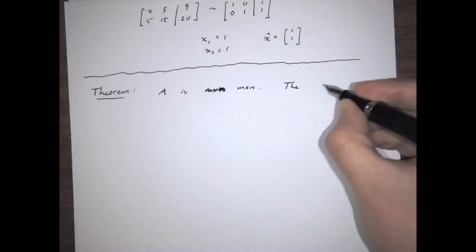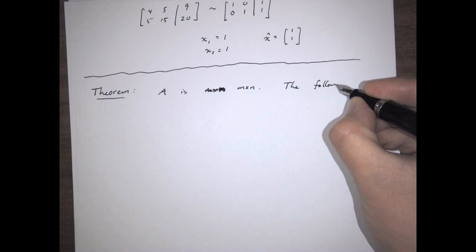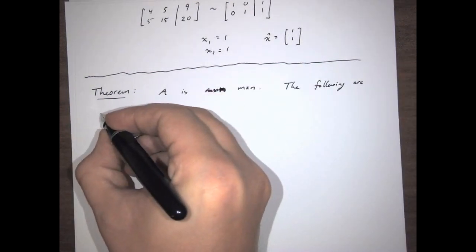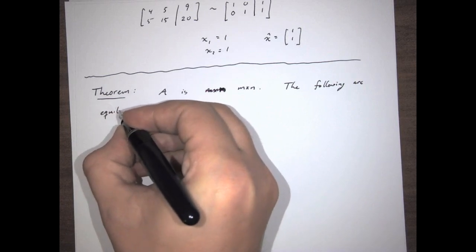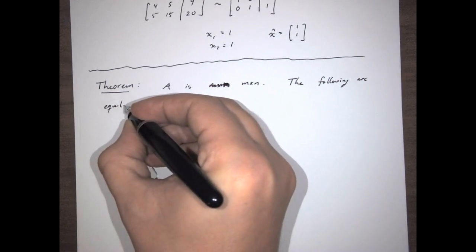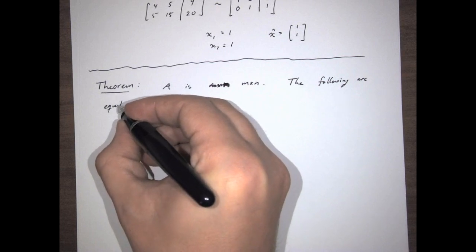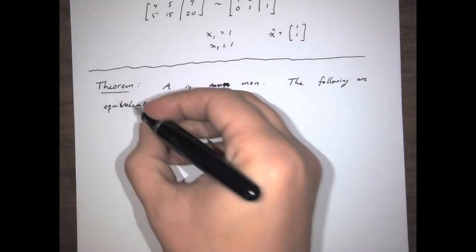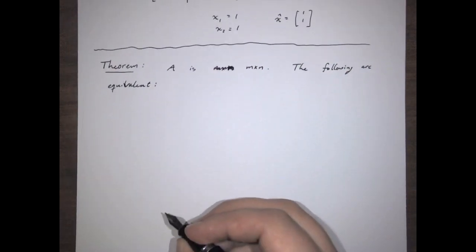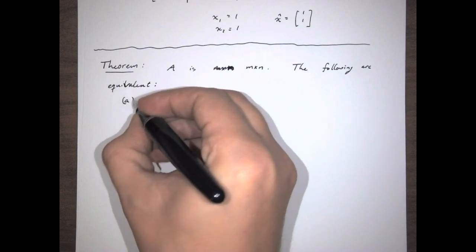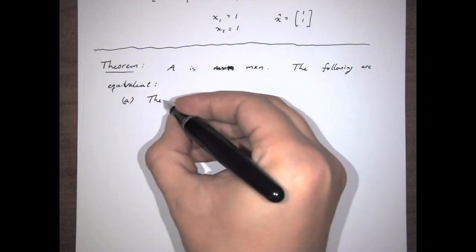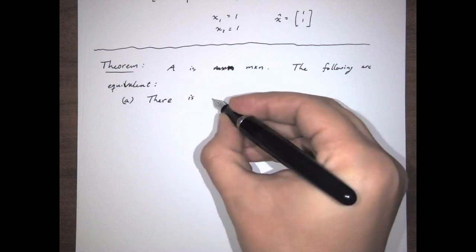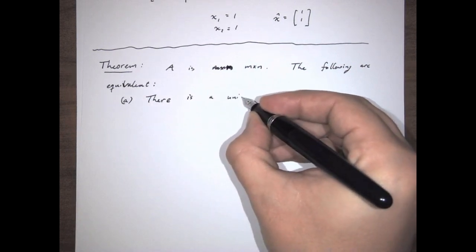The following are equivalent, meaning they're all true together, or they're all false together. All true or all false? Okay. A. There is a unique least squares solution, as above.